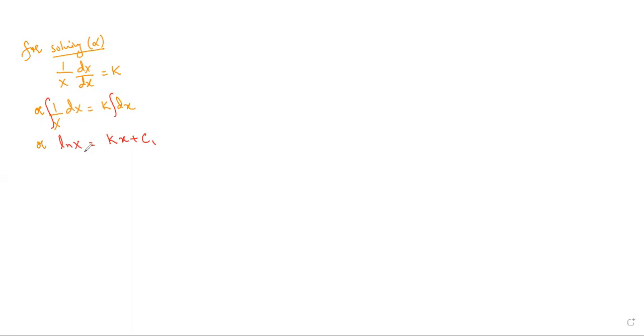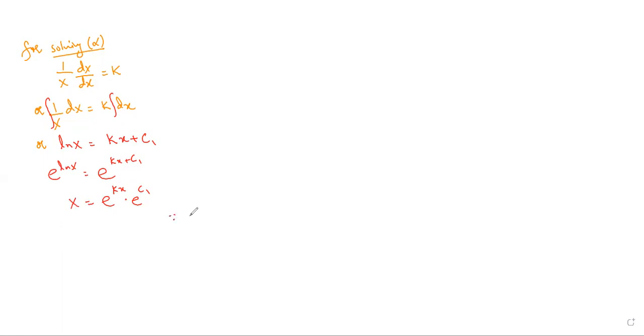So you just have to evaluate capital X. We take the exponent on both sides, and exponent of ln X equals exponent of kx plus c1. We can split this as exponent of kx into exponent of c1, and the exponent and ln cancel each other. So capital X equals this.